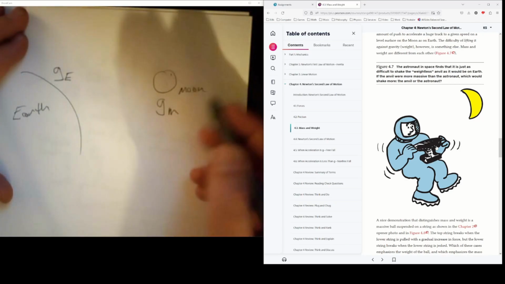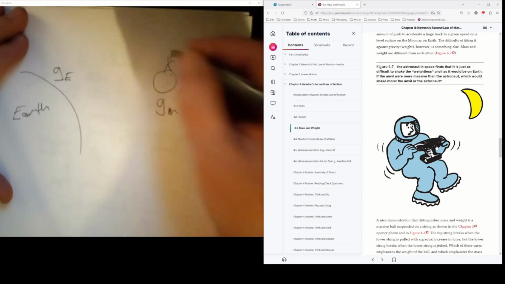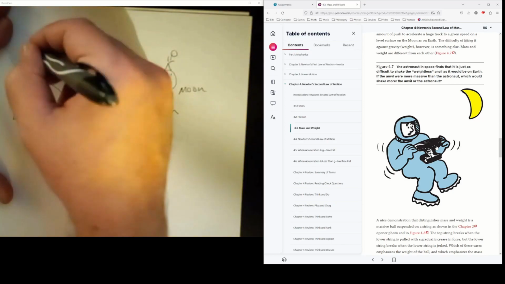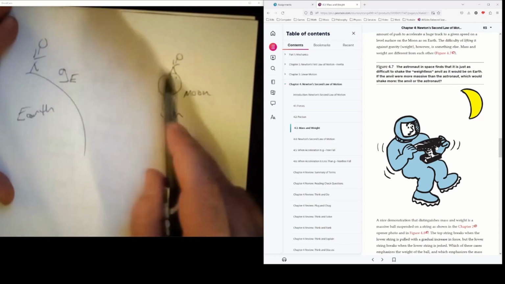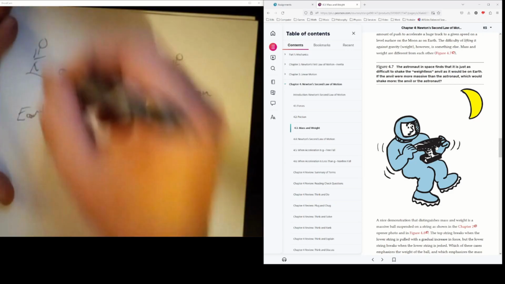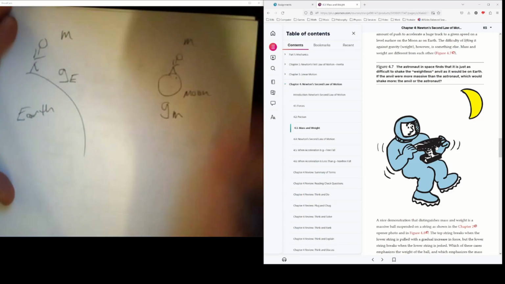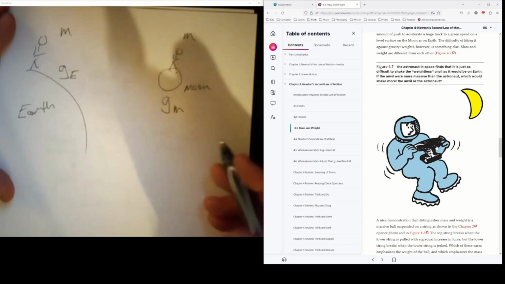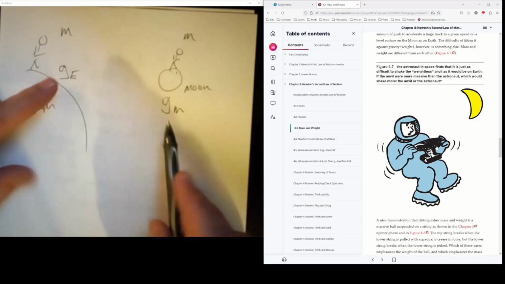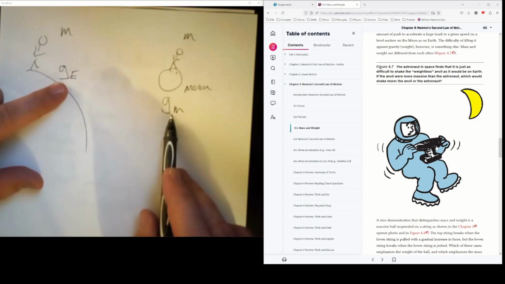So if you would go onto the moon, your mass stays the same. Your mass doesn't change from Earth to the moon. Still the same mass. What changes is your weight. And the reason your weight changes is because the acceleration due to gravity changes.